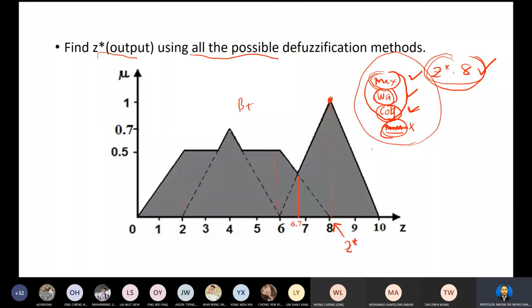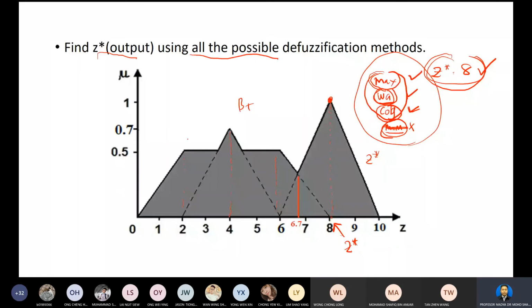Because we assume this is symmetrical, for example, this one we call B1, this one B2, this one B3.